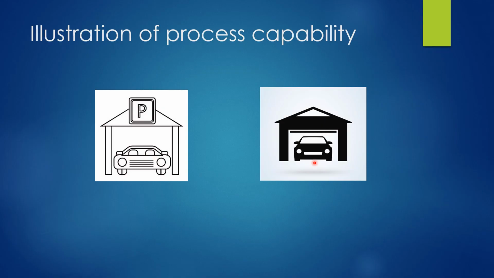In the same way, our process has to be there. So this is positioned in the center and it shows that it is in the center and equally distributed, and there will not be any chance of hitting on either side, and there will not be any chance for dents or cracks upon the car.